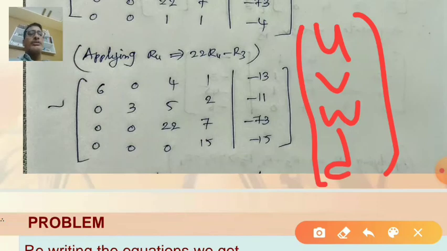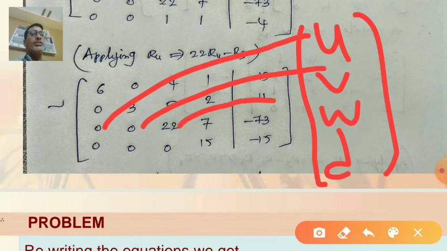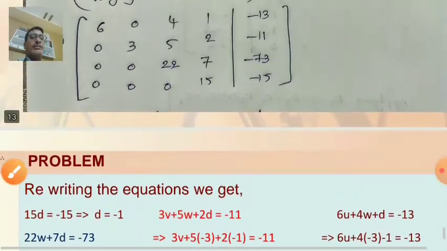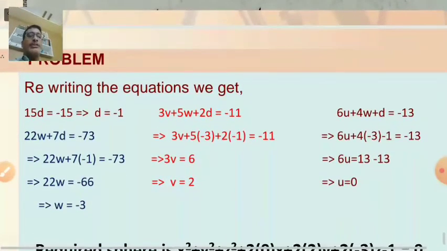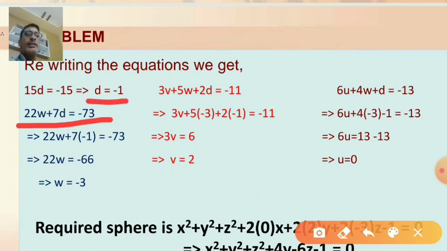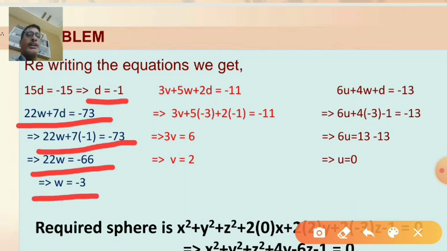For row 3, 0 into U, 0 into V, 22 into W plus 7 into D is equal to minus 73. Therefore 22W plus 7D is equal to minus 73. By substituting D is equal to minus 1 in this equation, you will get 22W is equal to minus 66 and W is equal to minus 3.